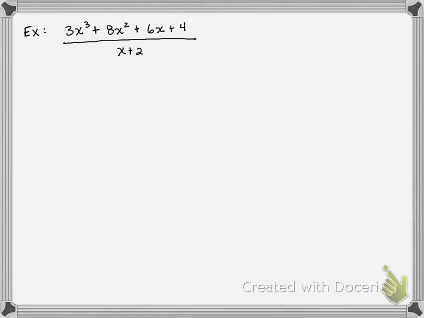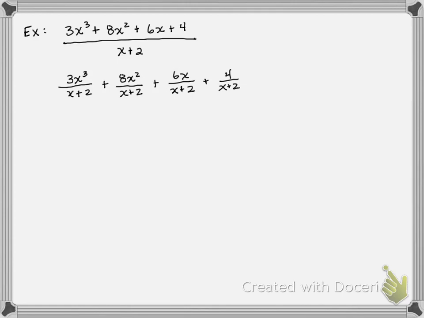When I look at this and think about what we just did, it is true that this is equal to 3x to the third over x plus 2 plus 8x squared over x plus 2 plus 6x over x plus 2 plus 4 over x plus 2. This is true. However, I can't do a darn thing with that. You can't divide 3x to the third by x plus 2.